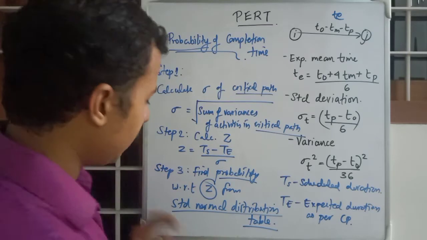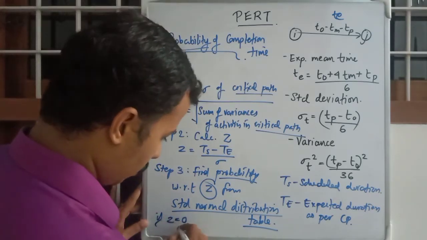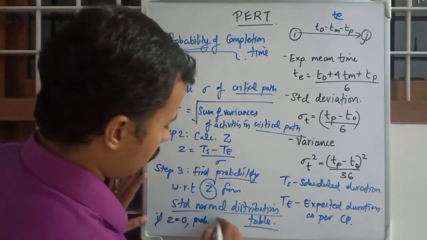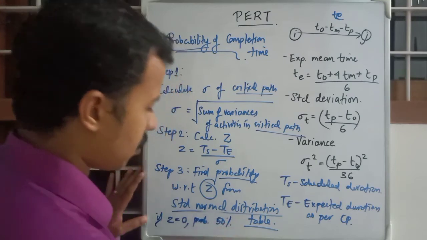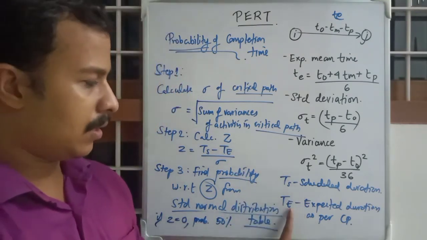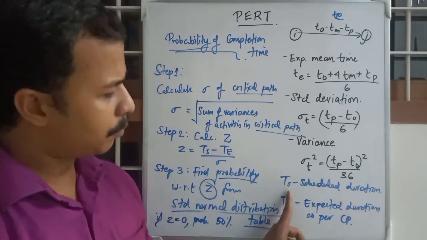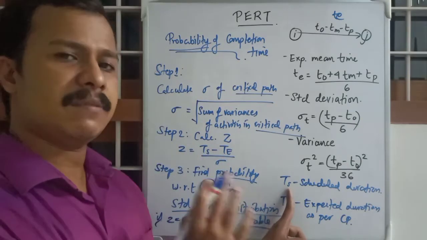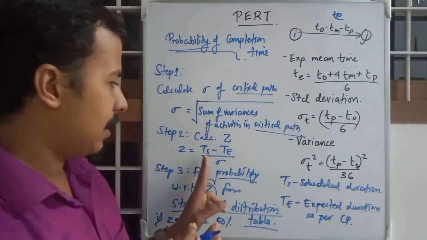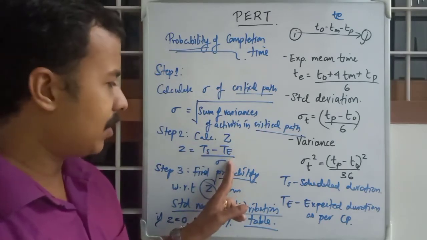For example, if Z is equal to 0, probability is 50% or 0.5. That is, if Te was 15 weeks, and suppose we are substituting Ts as 15 weeks itself, the critical path duration itself, then Ts 15 minus Te 15 means 0.